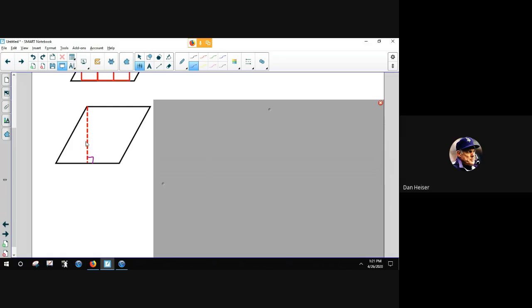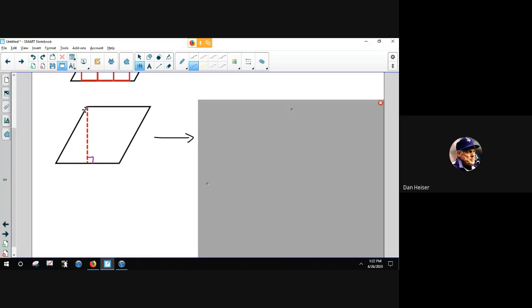But I'm not going to calculate the 2 areas separately and add them up, even though that's what we could do. We could take a parallelogram and split it into a triangle and a trapezoid, calculate them separately, add up their areas, and we have the whole parallelogram. But that's a lot of work.